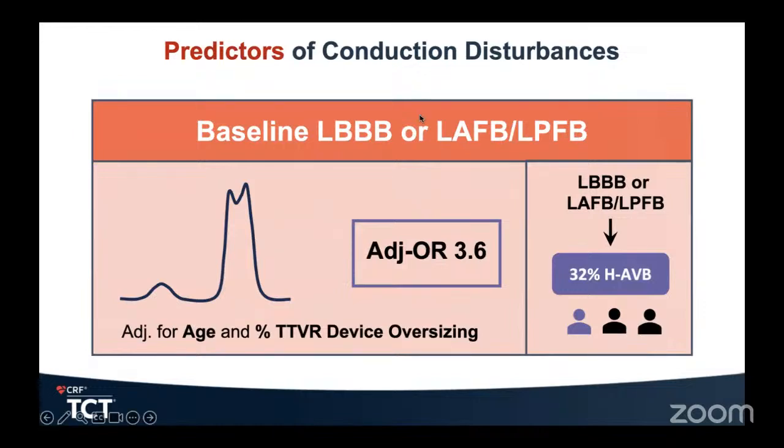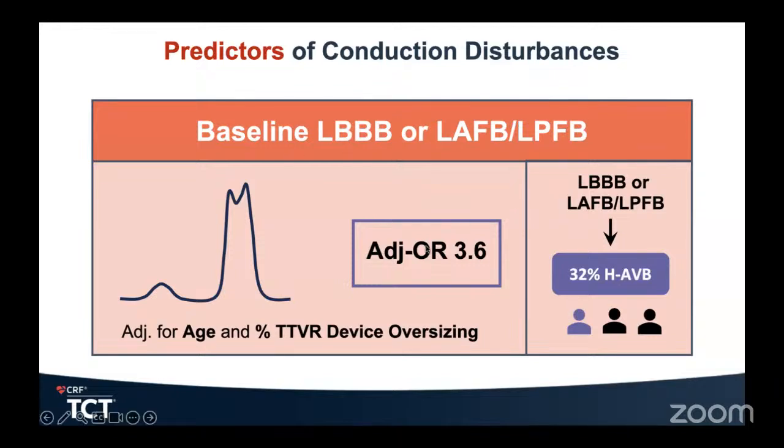So then we investigated which are the predictors of conduction disturbances. A baseline left bundle branch block or left anterior or posterior fascicular block was found to be associated, regardless of age and device oversizing, with the occurrence of high-grade AV block.